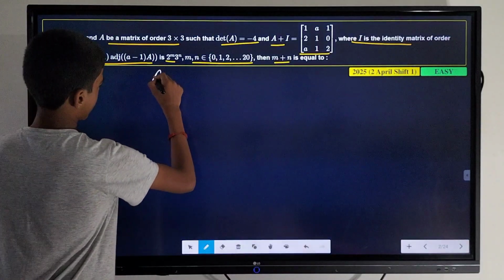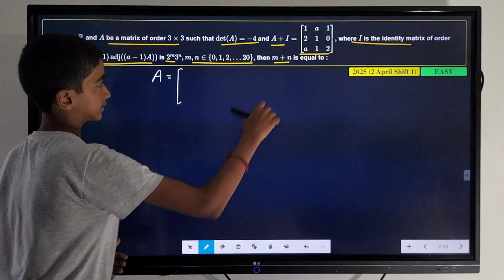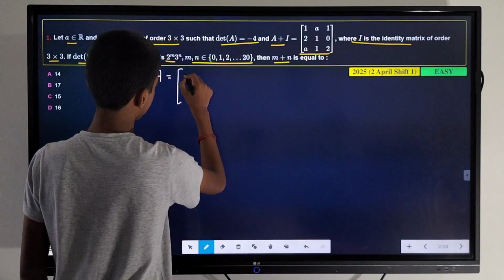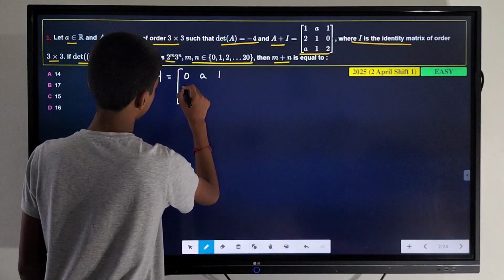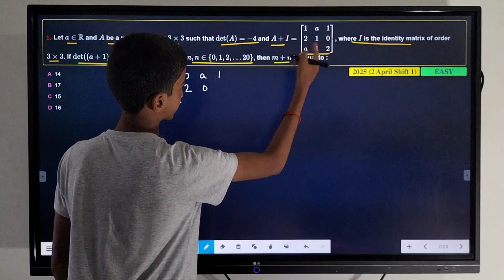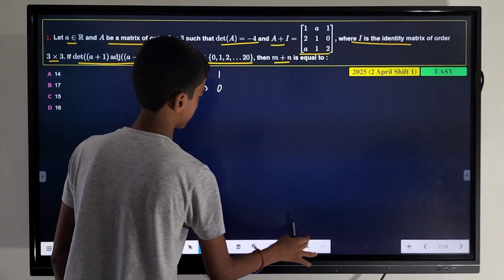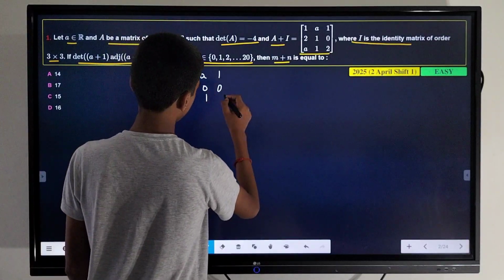So our A is equal to this matrix minus the identity matrix. So it will be 0, a, 1, 2, 0, 1 minus 1, 0, 0, a, 1, 2 minus 1, 1.